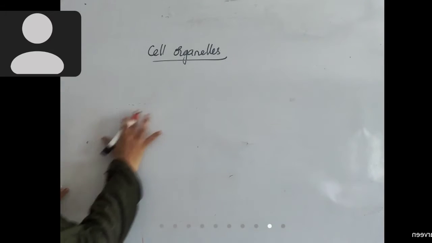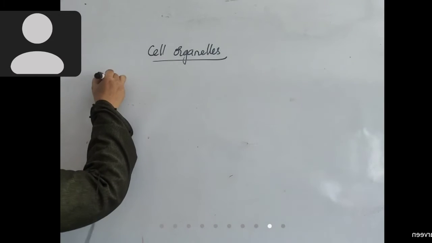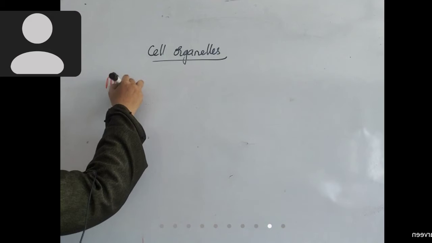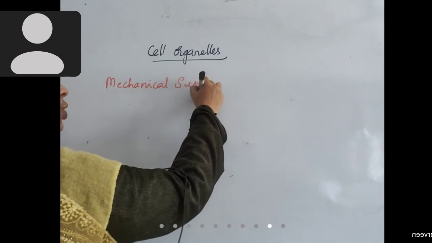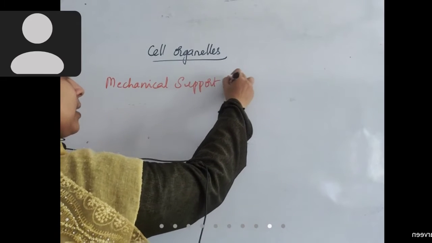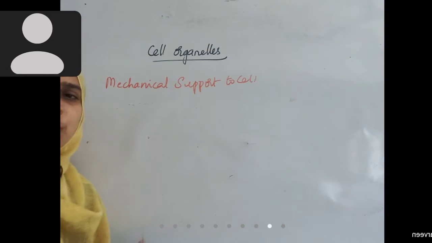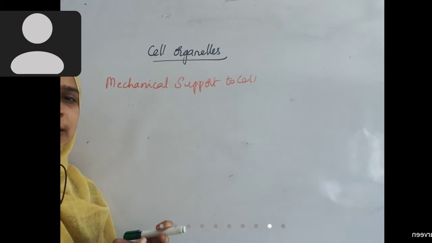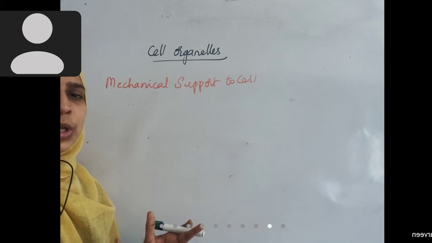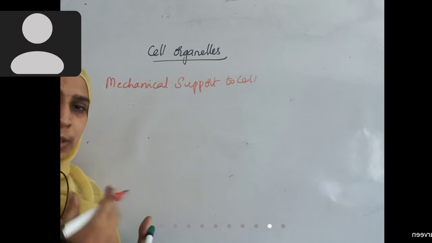Since it spreads into the cytoplasm, it gives mechanical support to the cell. In the cytoplasm, there is nothing, only the plasma membrane is there. The cell needs some support to stand. That support is provided by some other structures also.